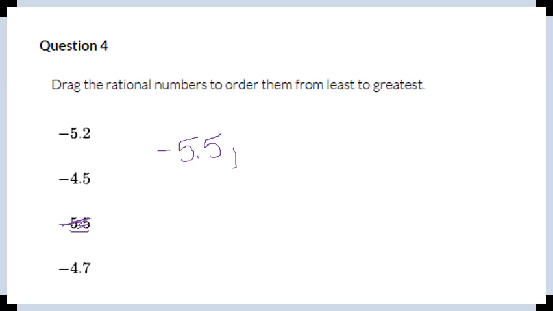Then the next one is negative 5 2/10. Then we're still going least to greatest. So the next one is negative 4 7/10. And the last one is negative 4 5/10. And that is least to greatest.